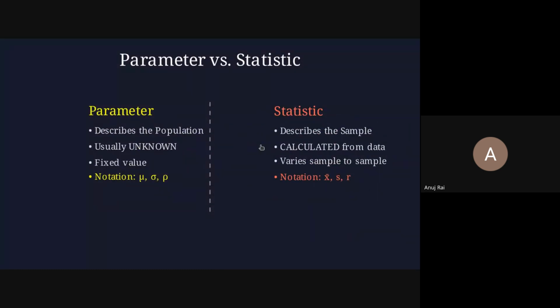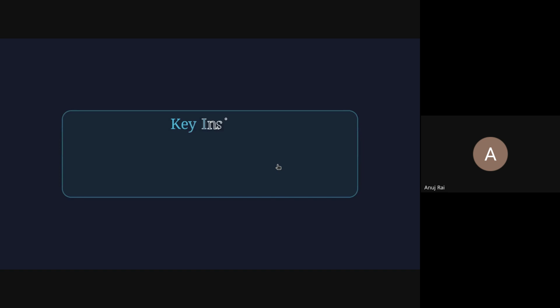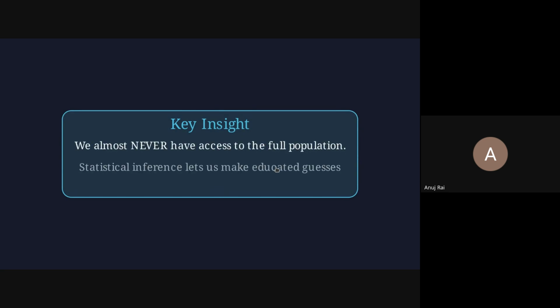So this suggests that your statistic varies from sample to sample. The notations used to represent parameters are mu, sigma, and so on, and similarly X bar, S, and R are used for statistics.